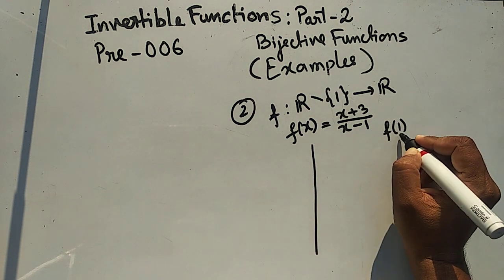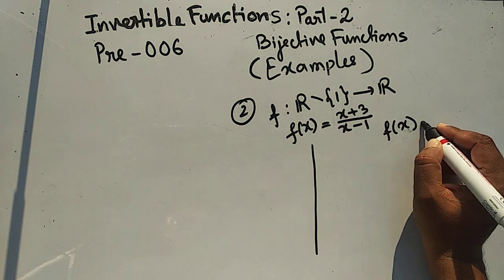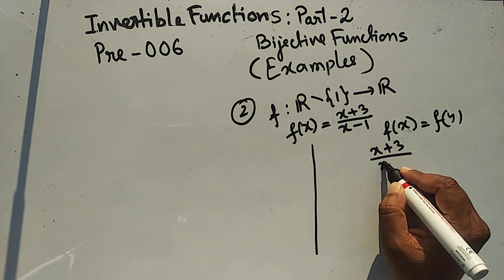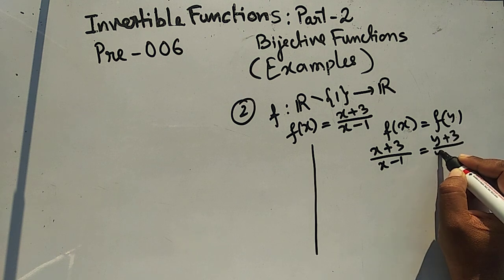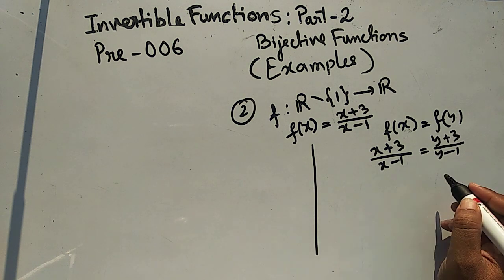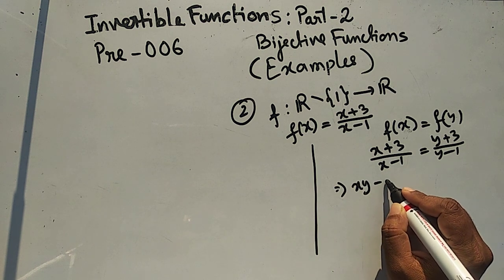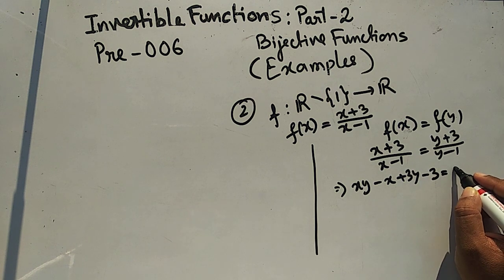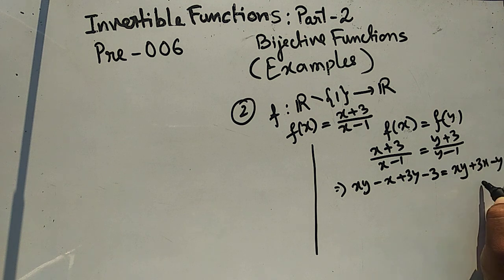So f of x is equal to f of y. If I consider, then x plus 3 by x minus 1 is nothing but y plus 3 by y minus 1. So after a basic calculation, we can conclude that xy minus x plus 3y minus 3 is equal to xy plus 3x minus y minus 3.